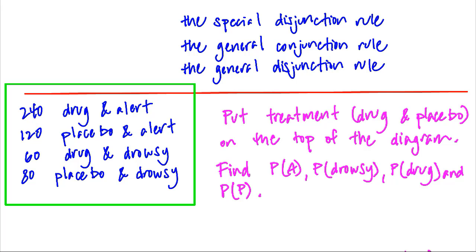We also need to find the probability for these four values: the probability of selecting someone from this population at random who is alert, who is drowsy, who got the drug, and who got the placebo. If you want to try both of these things, pause the video.